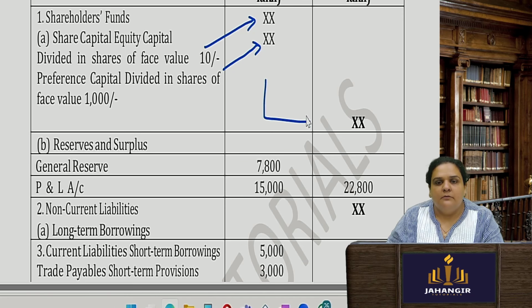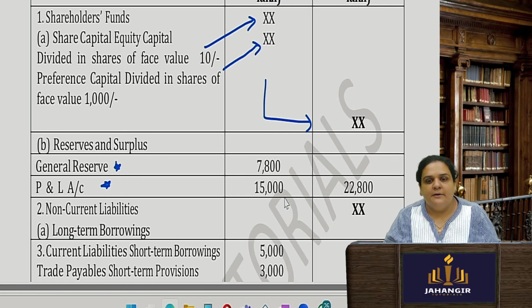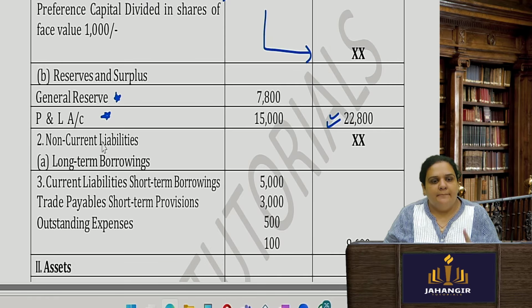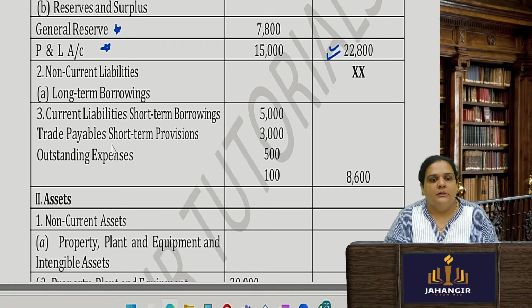In reserves and surplus we have general reserve and P&L, 7,800 plus 15,000, 22,800 reserves and surplus. In non-current liabilities we have only long-term borrowings. They have not told us how much. In current liabilities, short-term borrowings, current liabilities is 5,000.